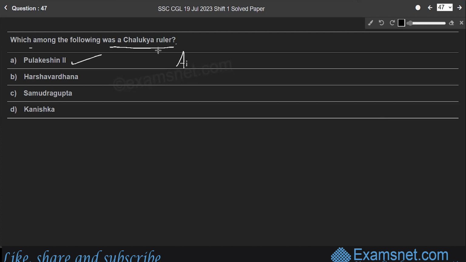It also developed as a religious center, with a number of temples.